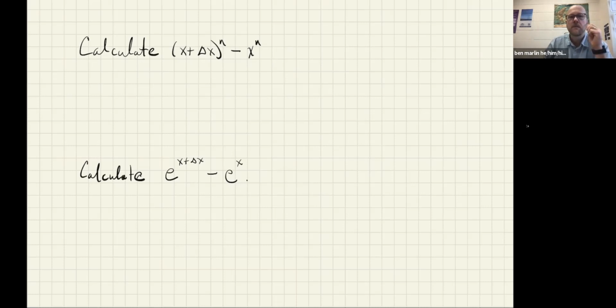Then there's a little something that we ought to work out because it's going to show up in the classwork that you're going to do, and it may not be super obvious what I'm wanting you to do. So if I ask you to calculate x plus delta x to the nth power minus x to the nth power, what you need to remember is how squaring goes. Or how cubing goes.